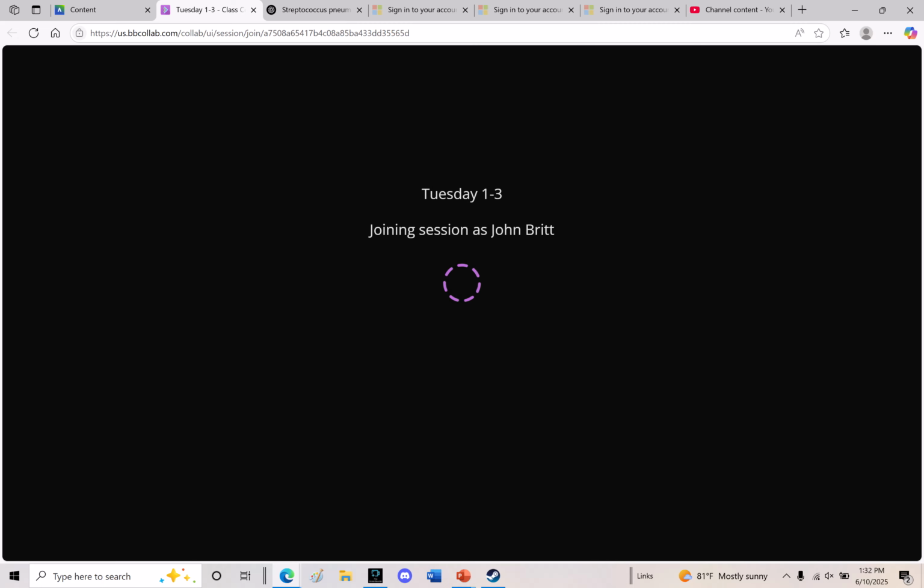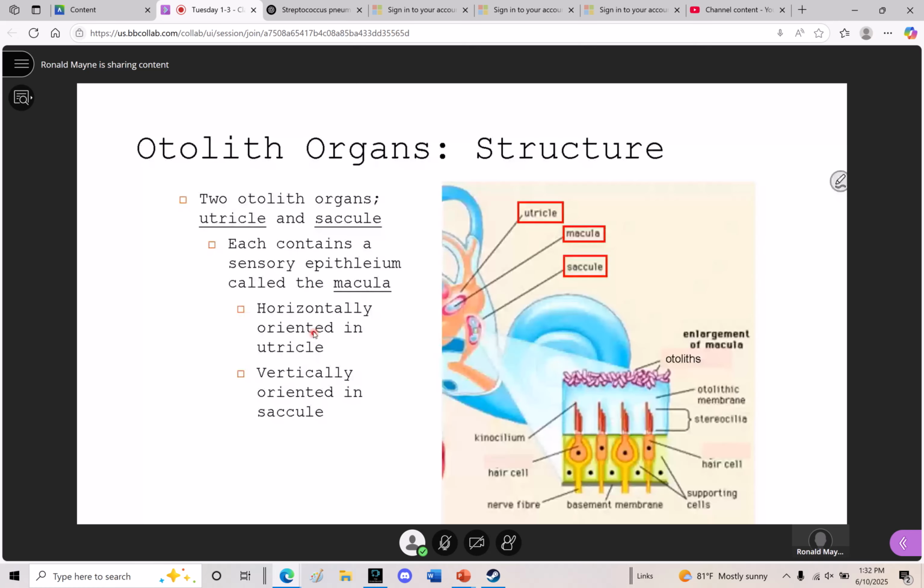The receptor is called a macula, maculae with an E is plural. The orientation is important: horizontally oriented in the utricle, vertically oriented in the saccule. The utricle is going to respond to forward and back movement and side-to-side movement.